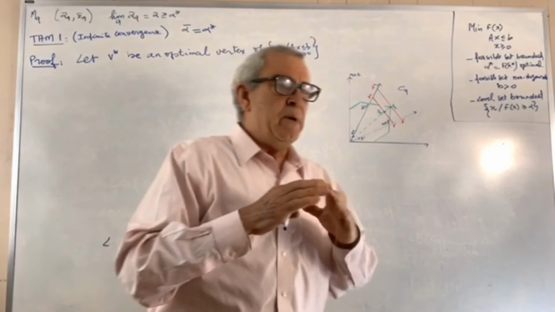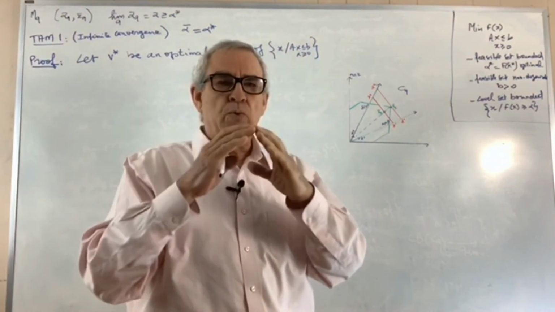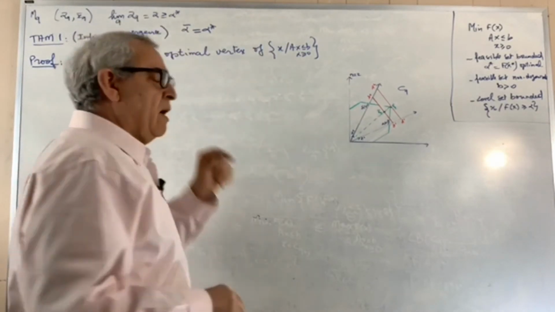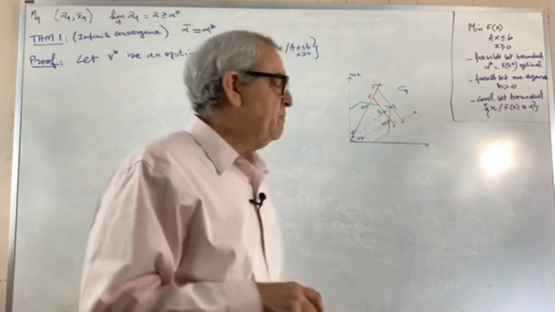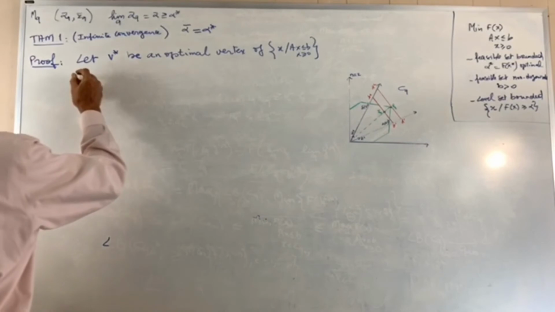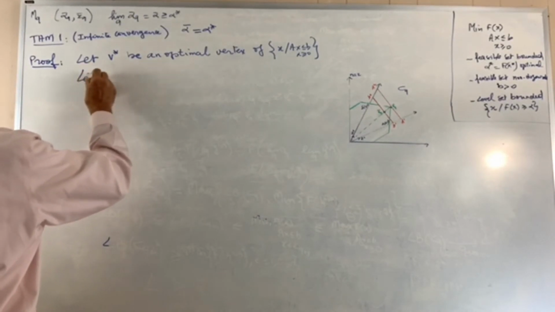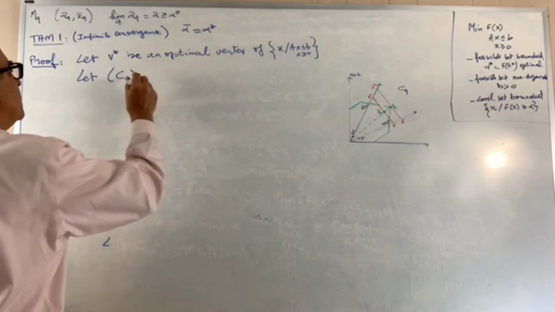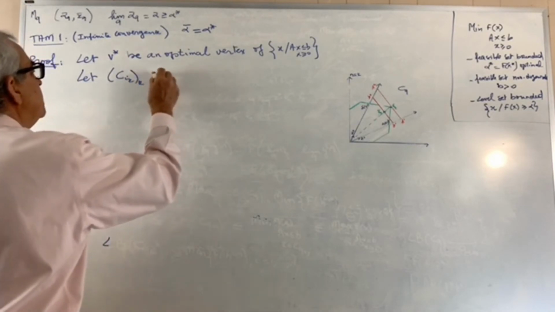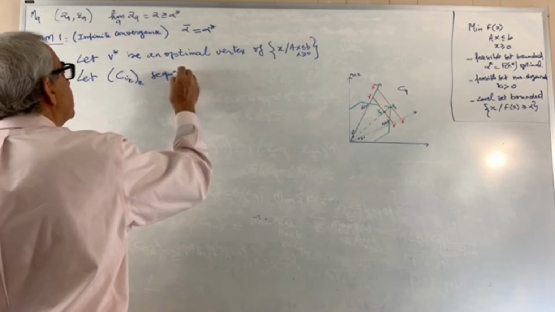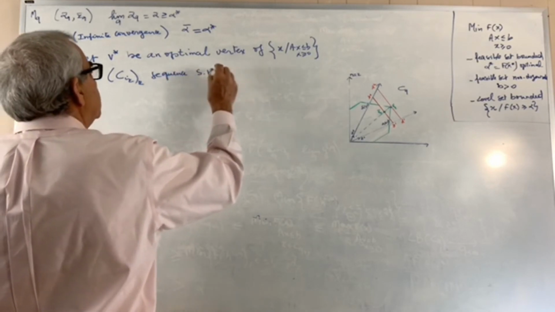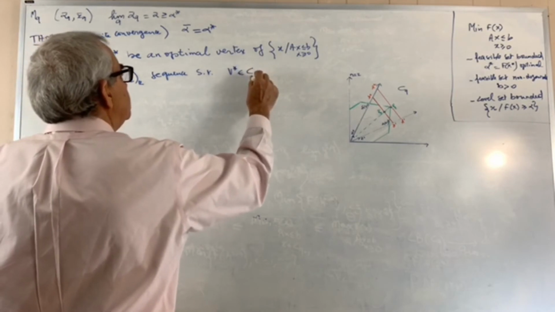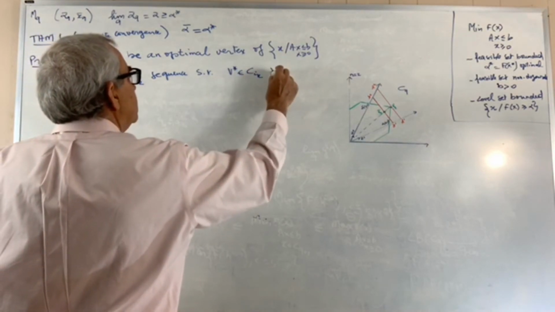Because, remember the tree of the algorithm, we start with one cone, we split it, and so forth, V star is going to belong to a sequence of nested cones. So let C_{i_k} be a sequence such that V star belongs to C_{i_k} for every k.